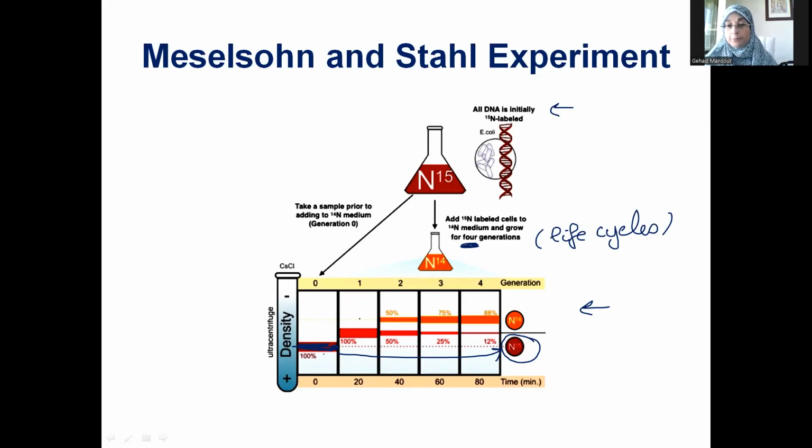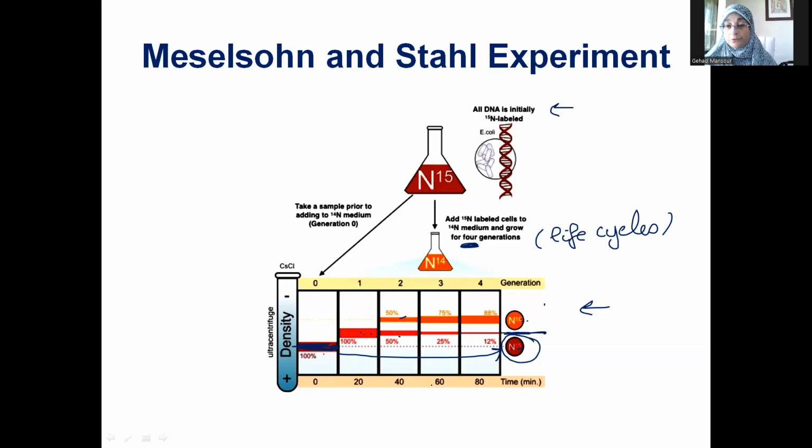And then in number 1, 100% of the bacteria are at this level, which is the level that is midway between nitrogen 15 and nitrogen 14, because as we saw on the screen that wasn't saved, the molecule will be half nitrogen 15 and half nitrogen 14. So we have 50% containing nitrogen 15 and 50% containing nitrogen 14.